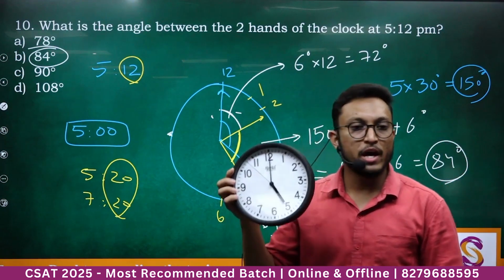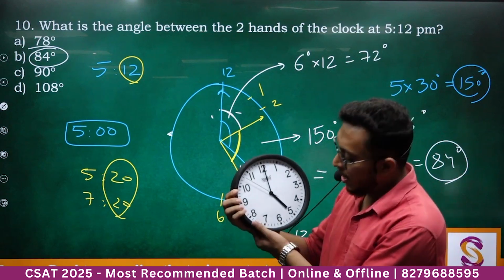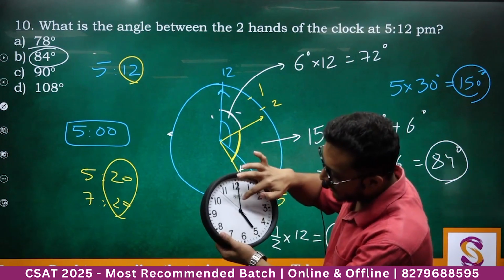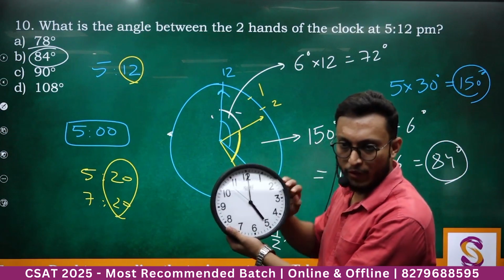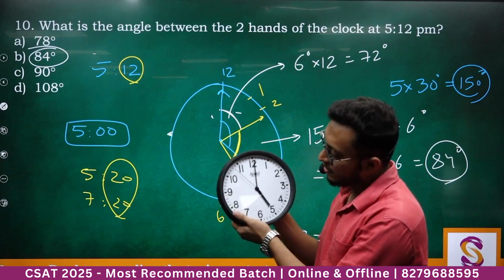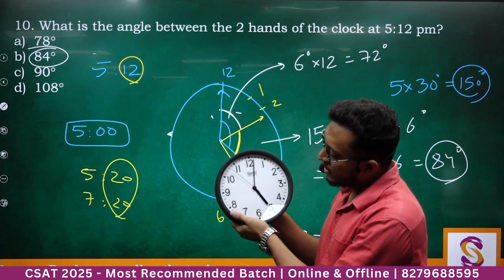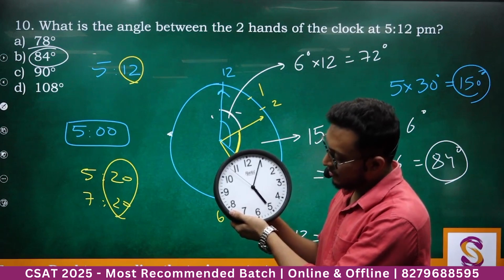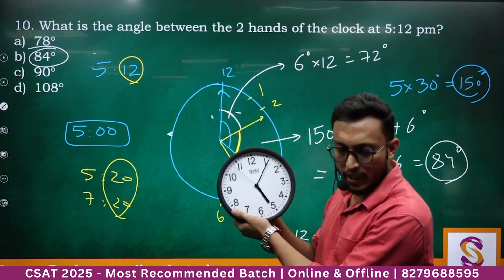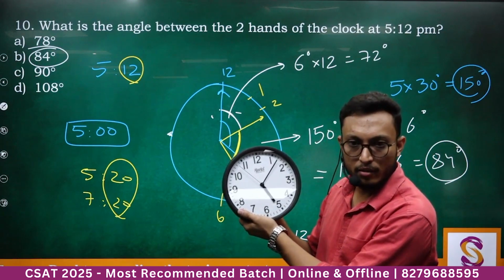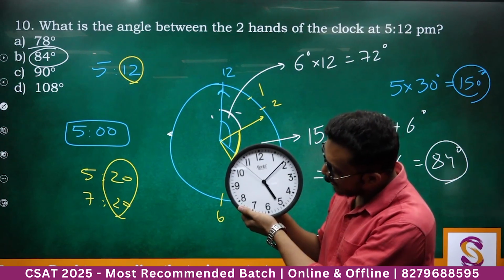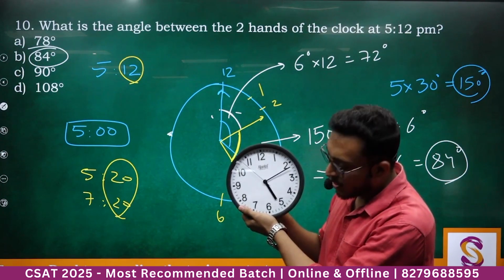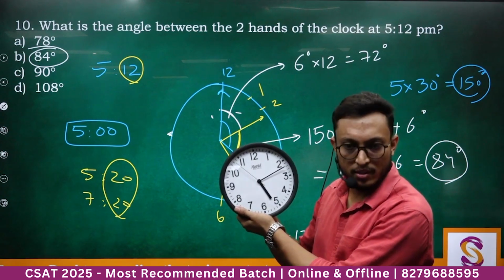The time is 5 initially. Now observe this angle. We need to calculate this angle between both the hands. If the time starts rotating from 5 till 5:12, see the rotation of both the hands. The minute hand is decreasing this angle, but at the same time my hour hand is rotating away from this, so it is increasing this angle.